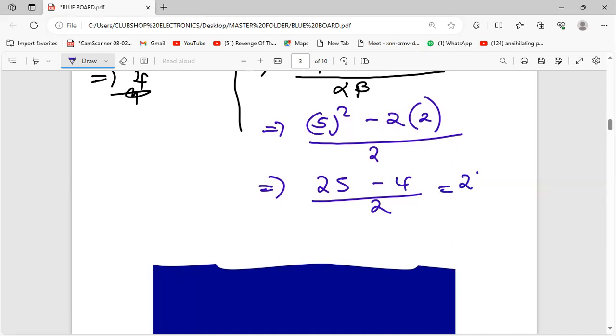This would be 21 divided by 2. I hope that is fine. Yeah, this is 10 and 1 over 2.